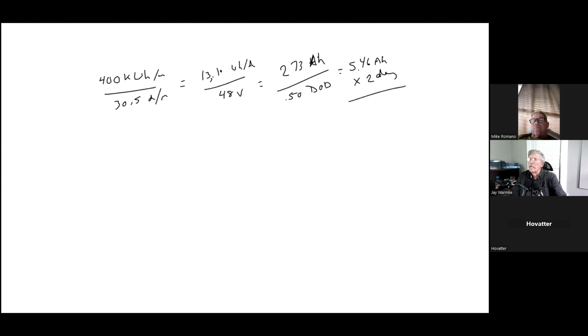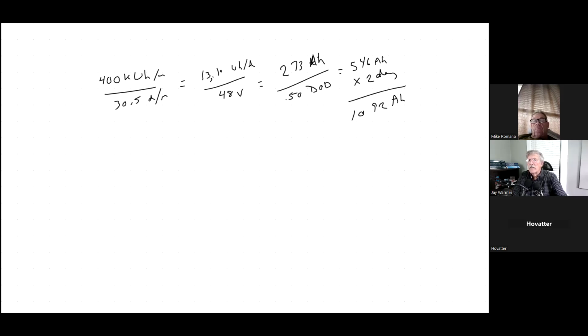So if I'm doing 2 days of autonomy, now it's going to be 1,092 amp hours. I keep getting my decimal points mixed up. And then the only other thing that I have to worry about is, what is the efficiency of the inverter?